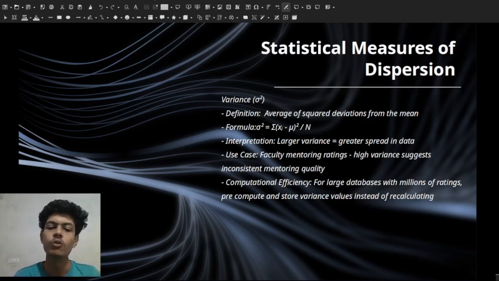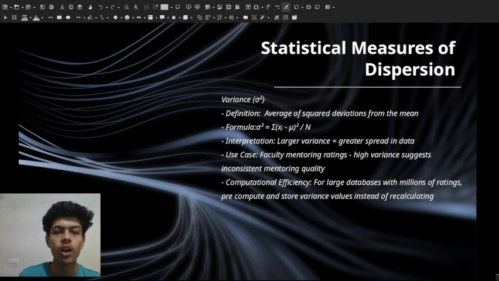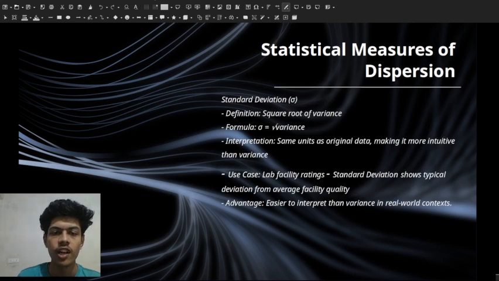Its use case can be faculty mentoring ratings, where a high variance suggests inconsistency in mentoring quality. When we compute the variance, if it is too high, it means there is inconsistency in mentoring quality.